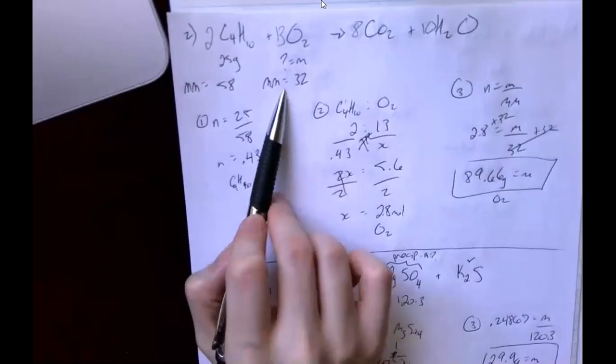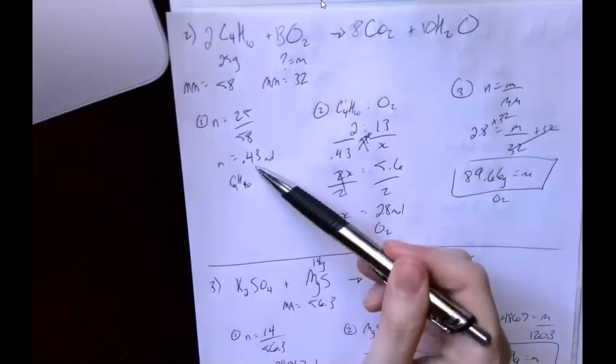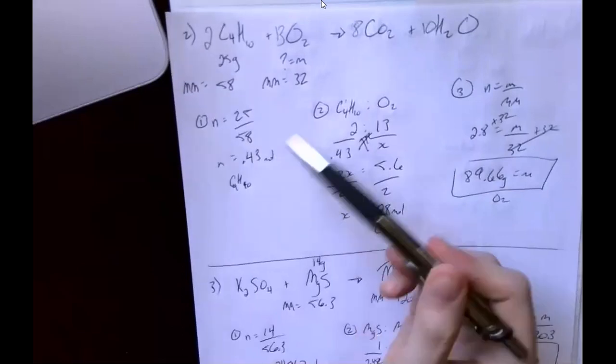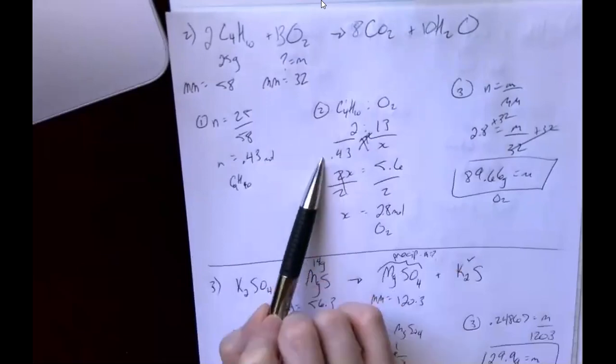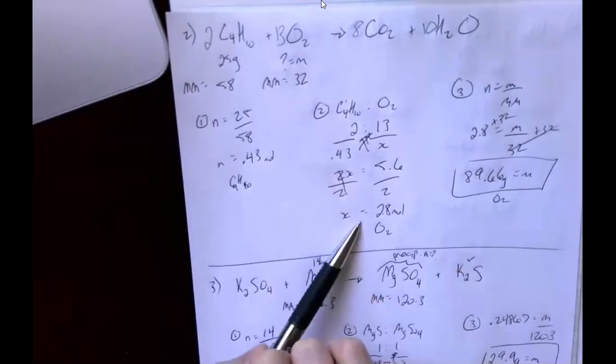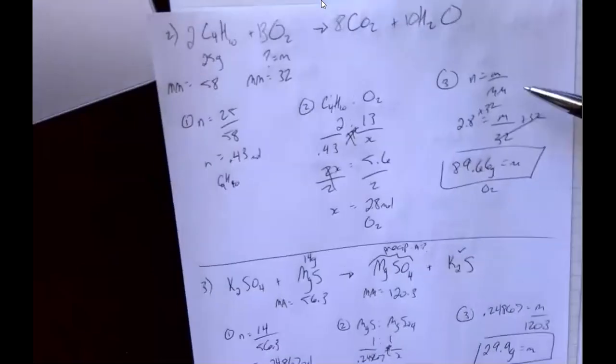And then from there, I did my moles equals mass over molar mass to get 0.43 moles of butane. Did my mole ratio, which was a 2 to 13 ratio, which gave me 2.8 moles of oxygen, and then went back to my moles equals mass over molar mass formula to find that I had 89.66 grams of oxygen needed.